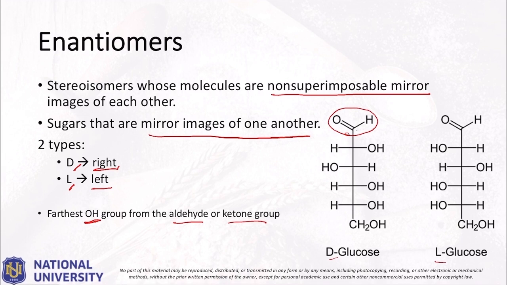So this is the carbon 1, carbon 2, carbon 3, carbon 4, carbon 5, and carbon 6. The farthest OH dito, nasa right, that is why it is D-glucose. And then, kapag L, so ito, nasa left, we call it L-glucose.